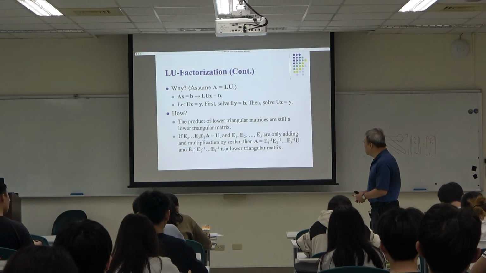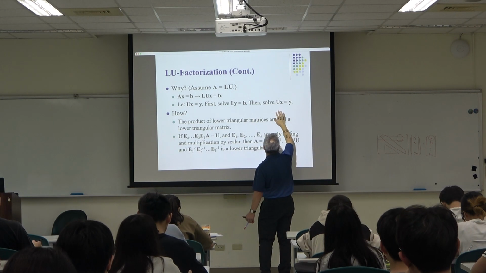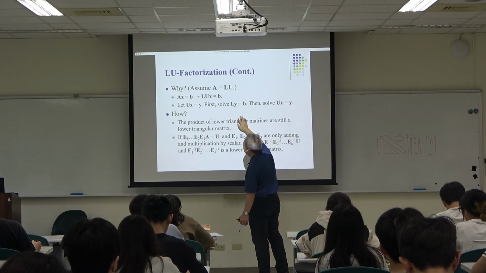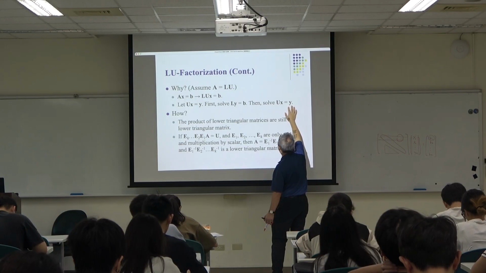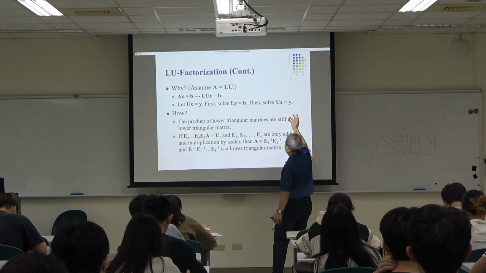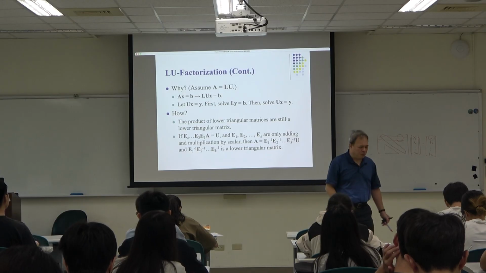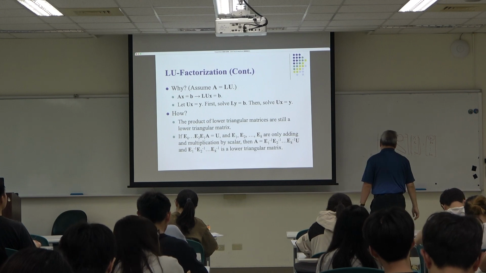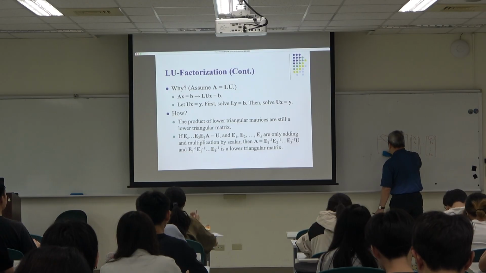So for LY equal to B, you can easily get your y1, y2, y3, and then you put those yi here, UX equal to those yi's. Similarly, you can easily get what those xi's will be, because the lower triangle of U is zero. This part is zero.